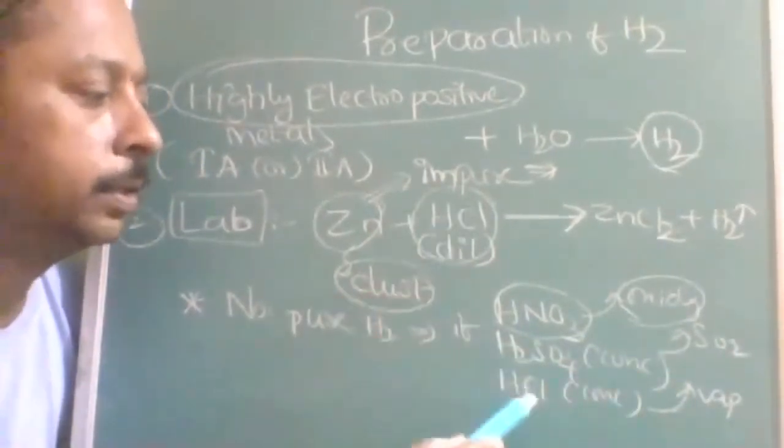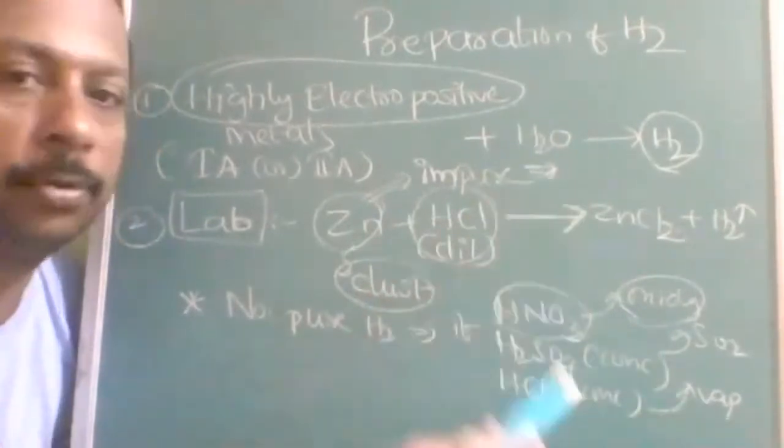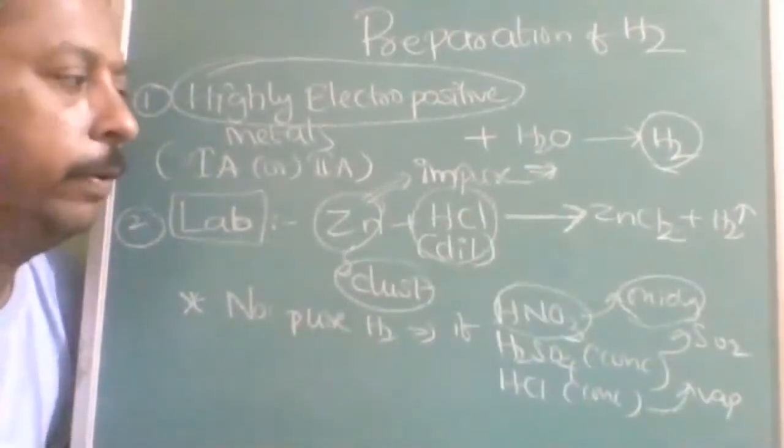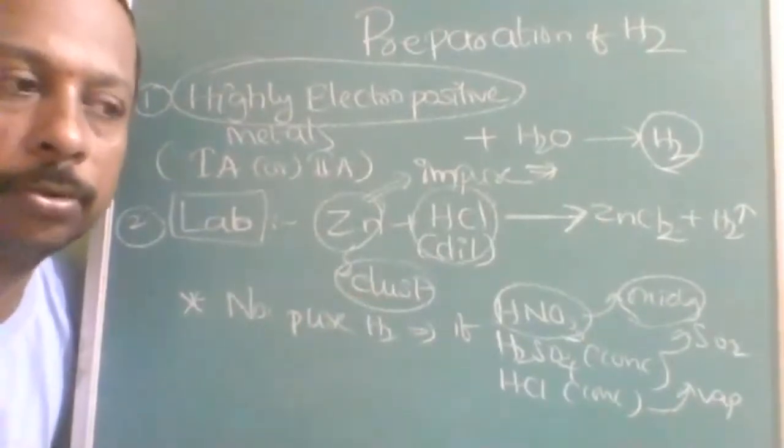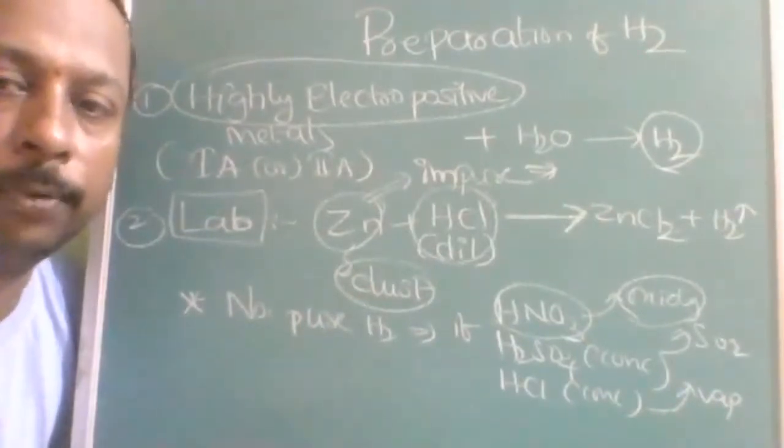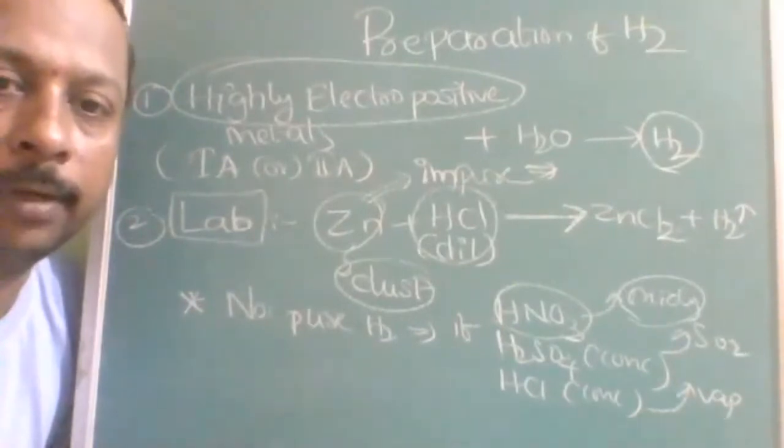When I use concentrated HCl, HCl can also evaporate. So we prefer to use dilute HCl: slow evaporation, no impurities, purity will be very high.